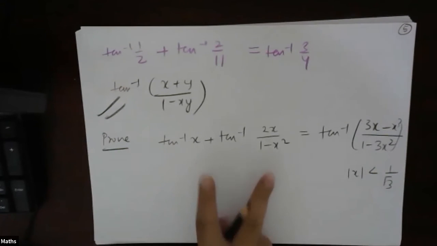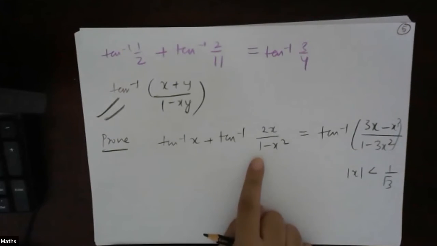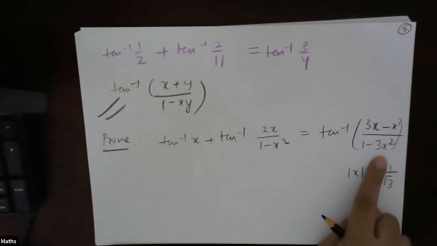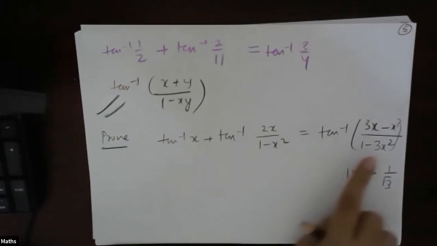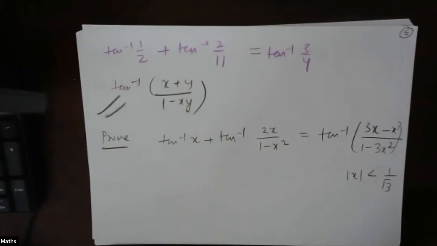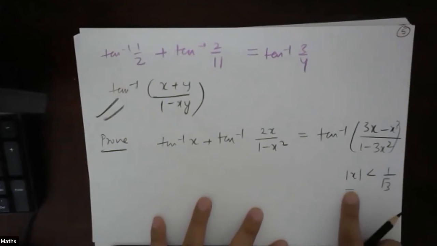Done? This one is done? Yes, this is theta, this is 2 theta, and this is nothing but 3 theta. Very good, Sundaram. Now see what they have done: mod of x is less than or equal to 1 by root 3, right?